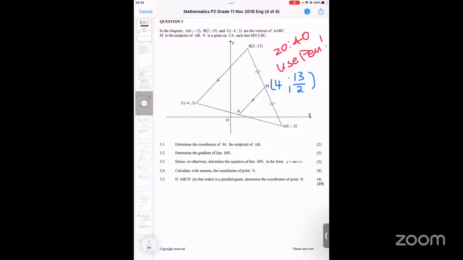Now they want you to determine the gradient of line MN. Someone indicated that line MN is perpendicular to that line, which is wrong, because we were not told in the statement, and we don't have that 90-degree sign.